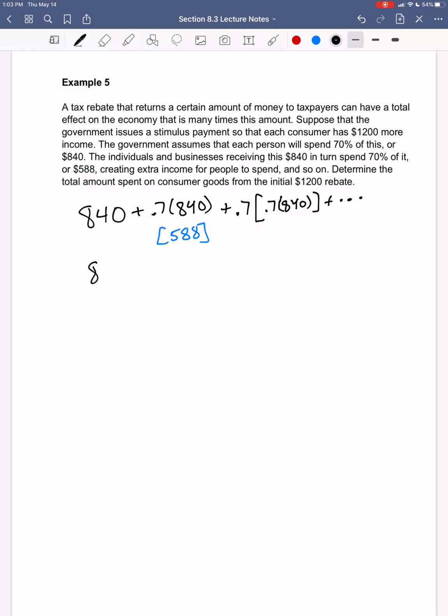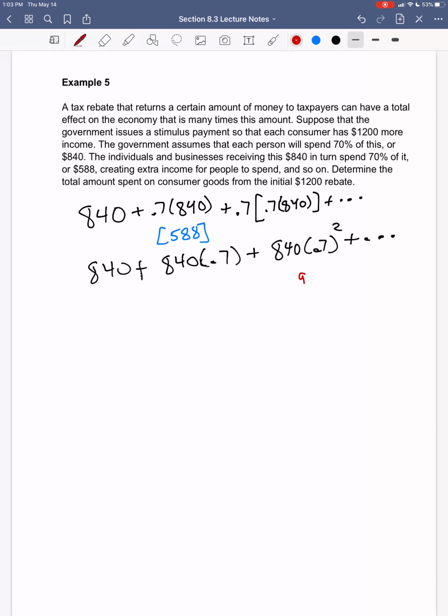So I've got 840 plus 840 times 0.7 plus 840 times 0.7 squared, and at every point, I'd be multiplying by another 0.7.